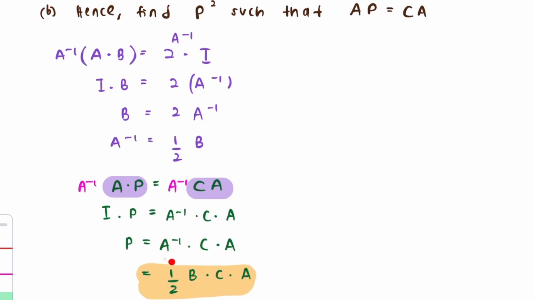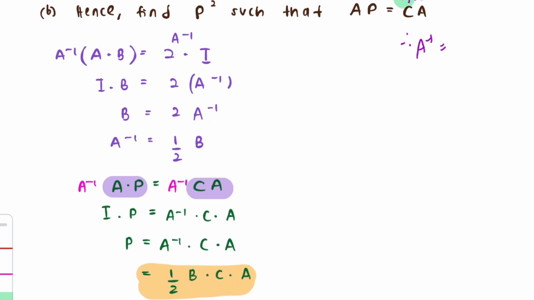Let's rewrite A inverse. We already know the value of A inverse from here, so let's find what is A inverse. Since A, we already have it here, therefore you can read the value of A inverse.